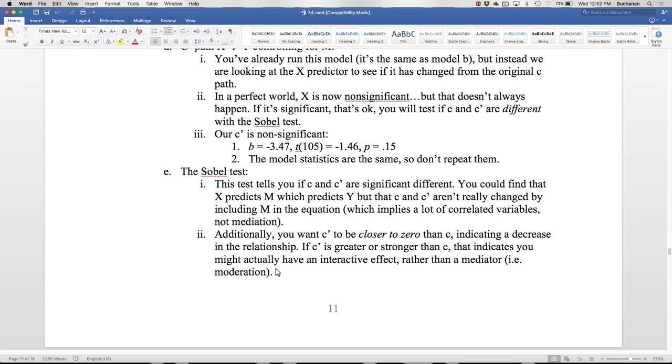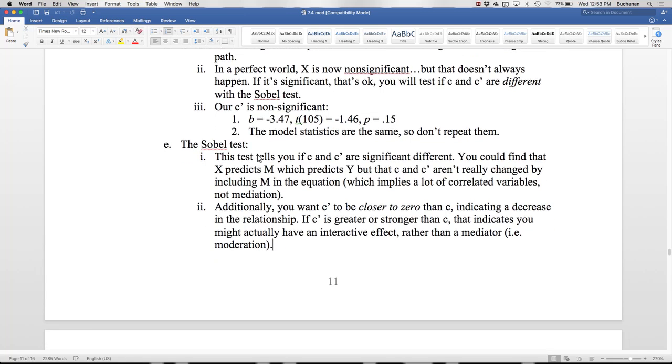So that's a good clue that you don't have mediation, you actually have interactions. And that will happen. You'll throw in M and you expect C to go down, and it gets bigger, and you're like, wait. And by bigger, I mean further away from 0. So in a negative sense, it would be like negative 10 instead. So if you're trying mediation and C prime gets bigger, switch to moderation.